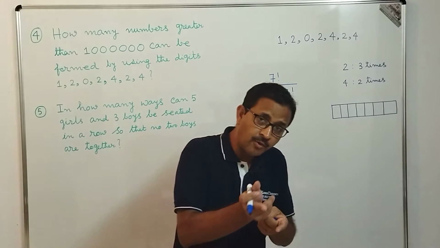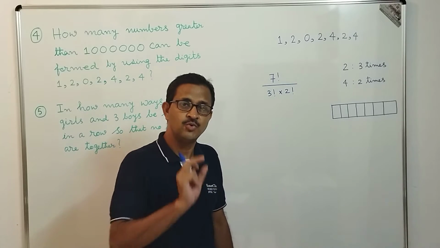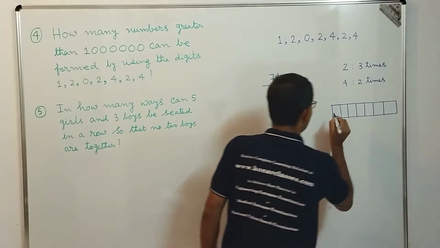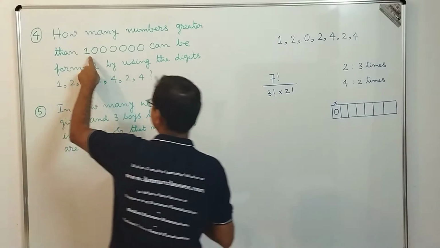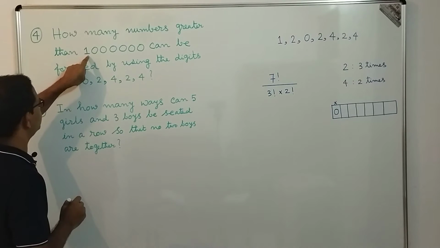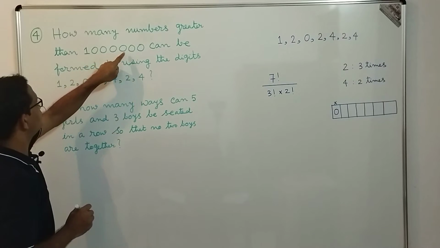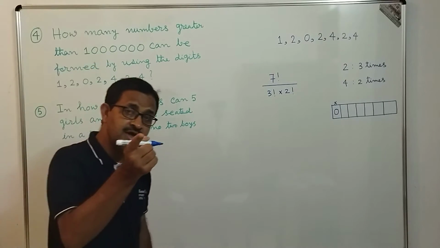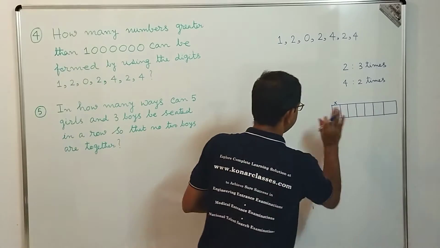Now out of all these arrangements, we need to exclude those starting with 0. That means whatever has 0 here, we should not consider. Why? Because to give importance to this particular statement, greater than 1000000, 0 should not be there.